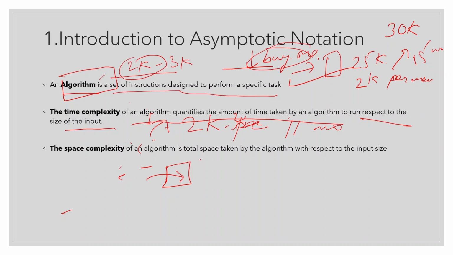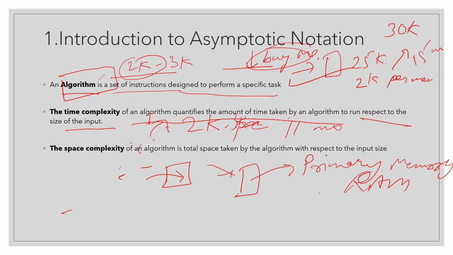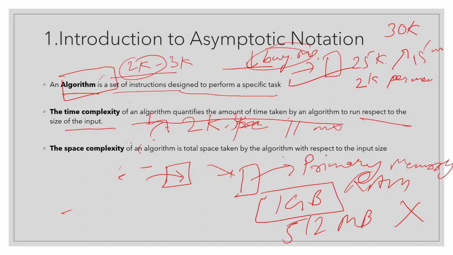Where does this space come from? We go to the processor, and the processor goes to the primary memory. You know what a primary memory is? Primary memory is called RAM. So in RAM, for example, if our program requires 1 GB of storage to execute, but RAM has only 512 MB, it is not possible to execute here. So that time we also consider space complexity.